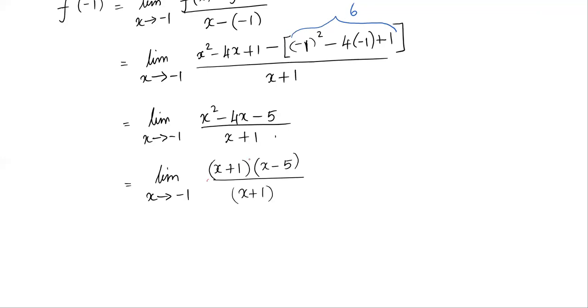So you know these cancel off, leaving us with limit x minus 5. Now you're ready to apply the limit. So plug in for x as -1. So -1 minus 5 gives us -6. So this is the instantaneous rate of change of the function f of x at x equals -1. The answer is -6.